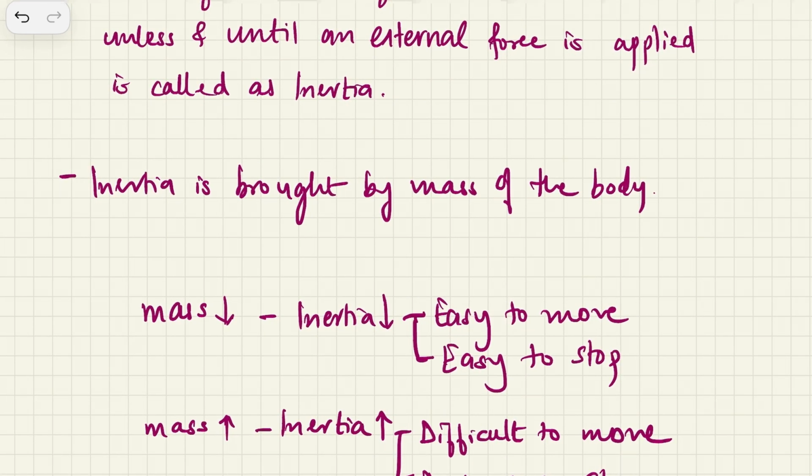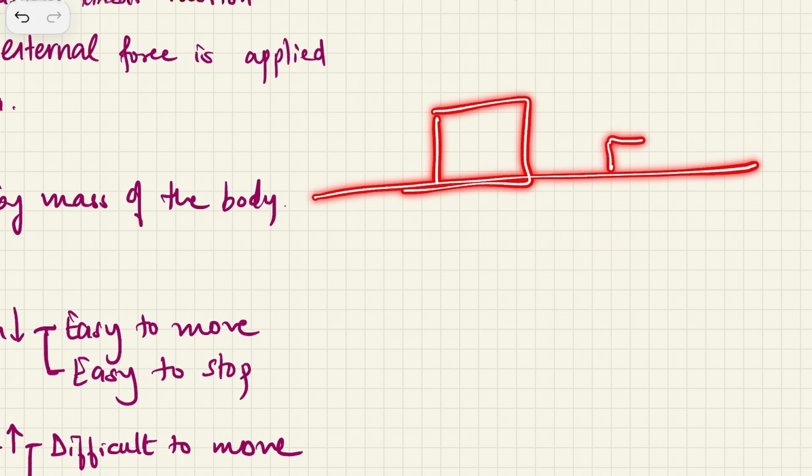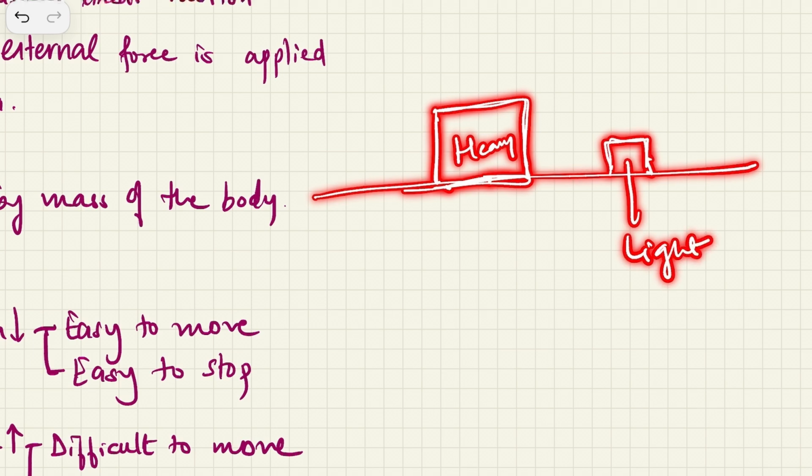Then comes who provides inertia for a body. Inertia is brought by the mass of the body. So if there is a body which is heavy and a body which is light, let's say these two bodies are made up of the same material, they are not hollow, they are completely filled. This body is heavy, this is the light body, so this is going to have lesser inertia.